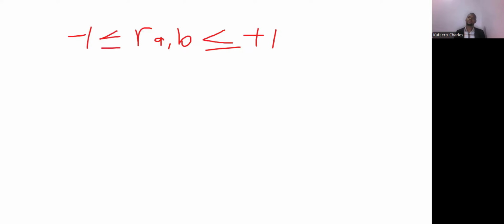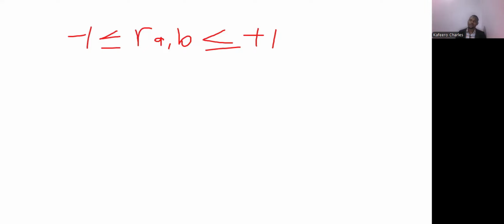So the general rule is that the correlation coefficient of the two projects should be less than or equal to +1, but greater than or equal to -1. In other words, it shouldn't go below -1 and it shouldn't exceed +1. So it is just in between there.